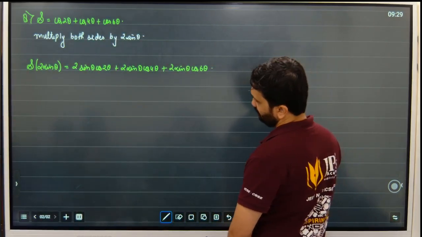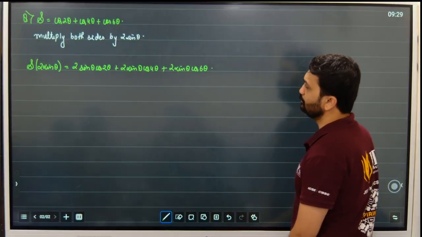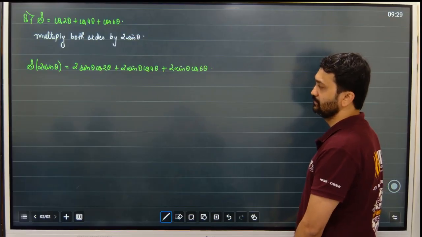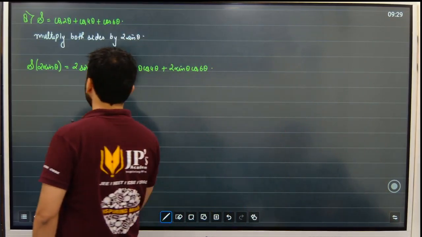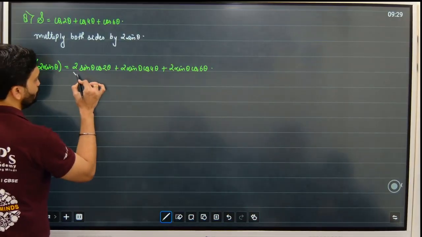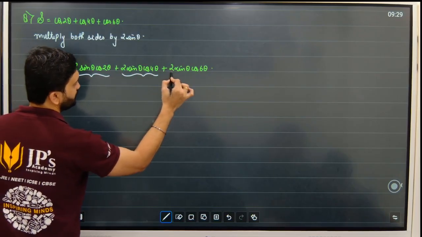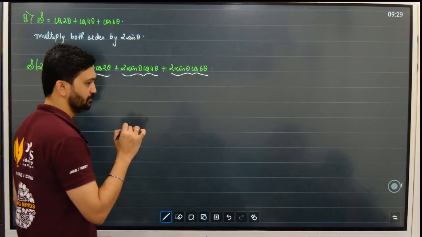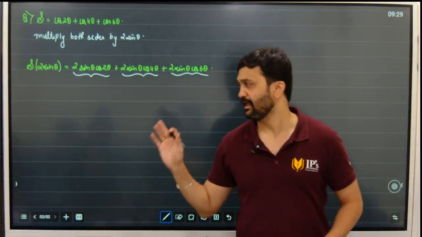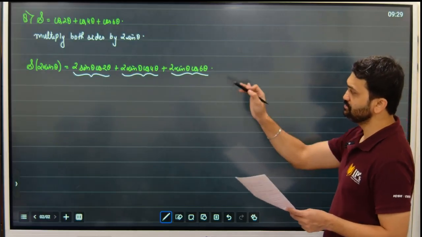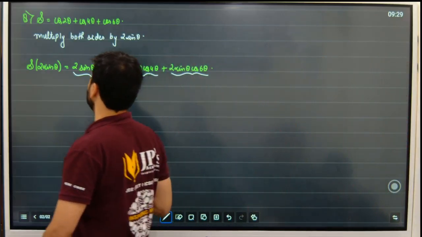2 sin theta into cos 2 theta plus 2 sin theta into cos 4 theta plus 2 sin theta into cos 6 theta. Now, I can clearly see the formula 2 sin A cos B, 2 sin A cos B and 2 sin A cos B. यहाँ पे बहुत clearly formula दिख रहा है. And I know the formula for 2 sin A cos B. And since 2 sin A cos B is given to you, let's substitute the value. देखते क्या होता है अगर तीनों में substitute किया तो.